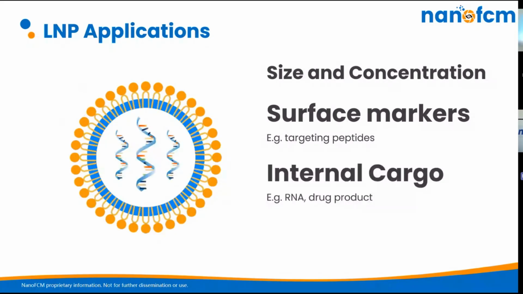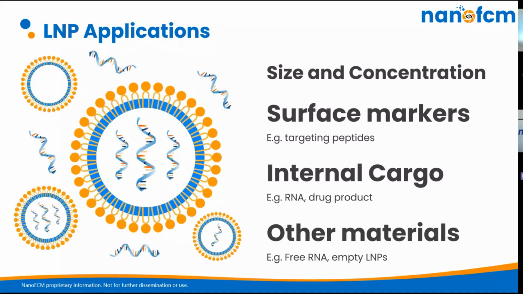We can look at internal cargo, which popularly is RNA or other nucleic acids. We've done some work with a wide variety of cargo for nucleic acids and DNA species. We can also look at drug products. We can also look at other materials.